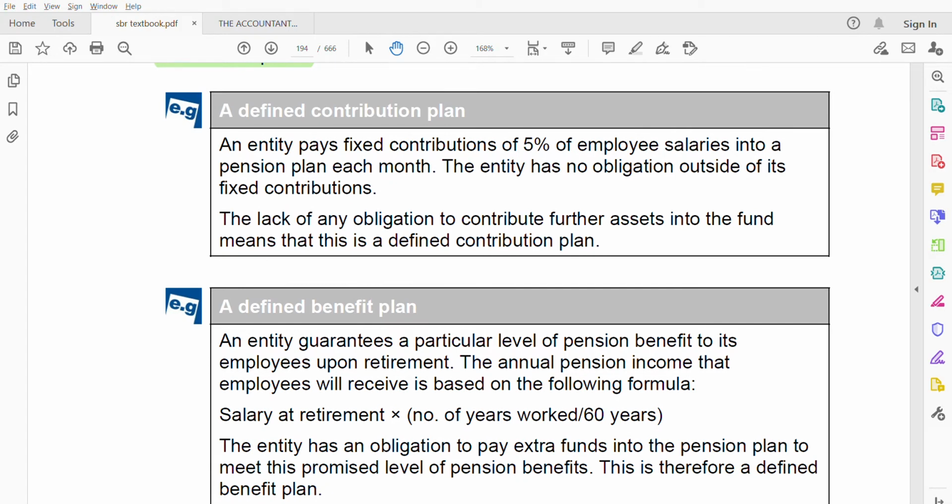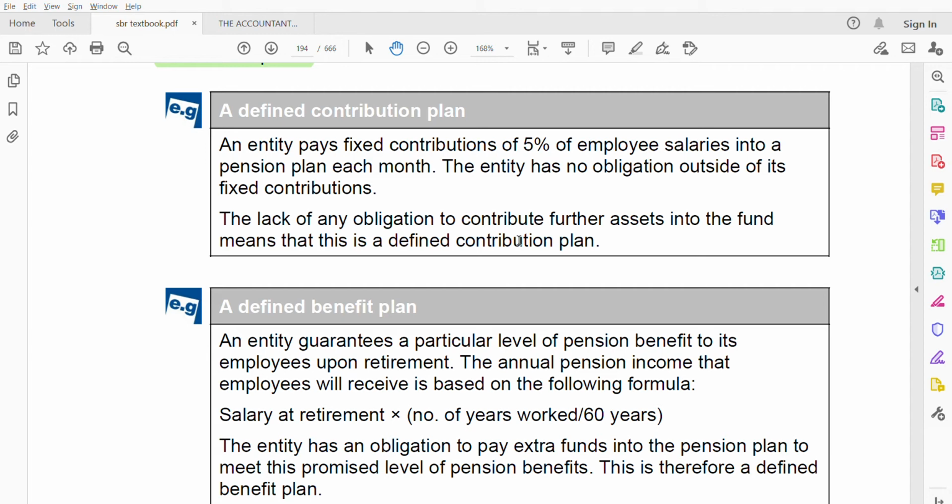This is a very clear-cut example. An entity pays a fixed contribution of 5% of employees' salaries into a pension plan each month. The entity has no obligation outside of its fixed contribution. The lack of any obligation to contribute further assets into the fund means that this is a defined contribution plan. First of all, the contribution is fixed. Then they don't have any obligation to contribute further assets into the fund.